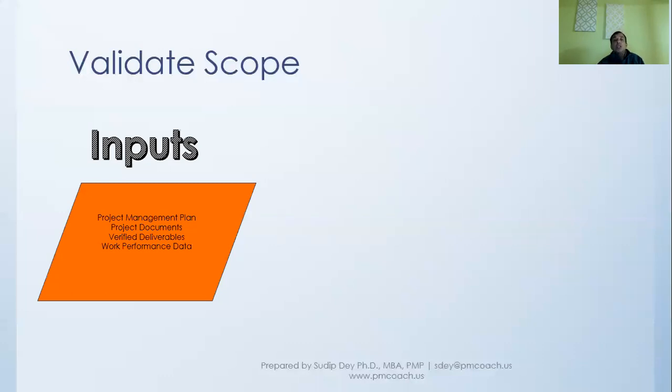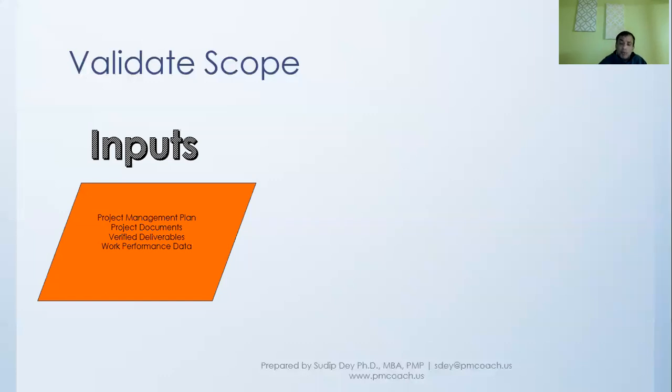In other words, we have verified those deliverables before we hand them over to the customer or the client or the user to validate. So this is what a verified deliverable is, which really means that at our end, we have verified that these deliverables are according to what we said we will provide in the plan.